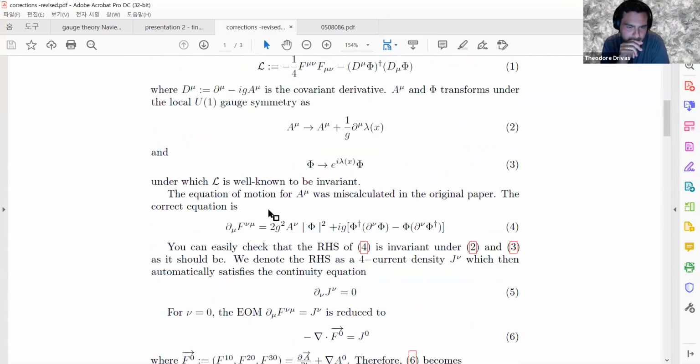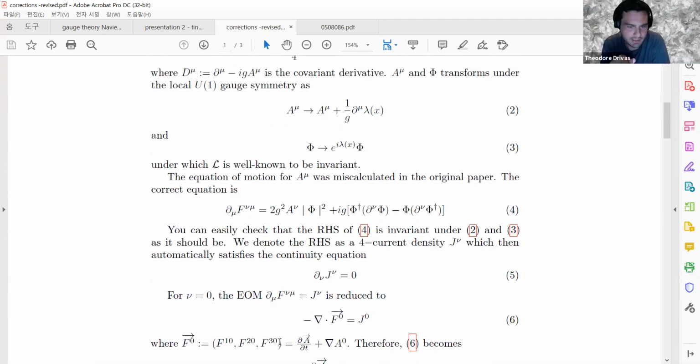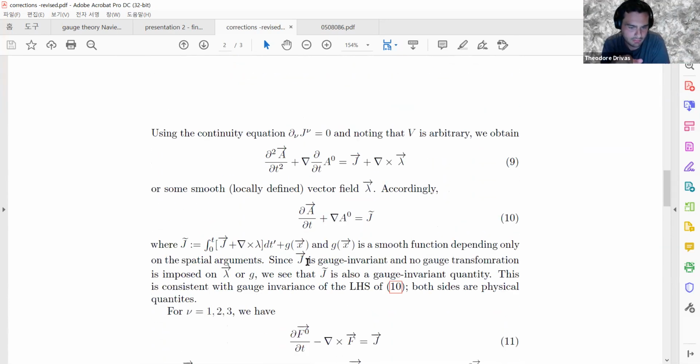Or what is it? You mean this one? No, in that equation 10, you had a partial t. It's the first. Oh, so that gradient is supposed to be, if I were to write that in vector calculus notation, would it be A vector dot gradient A0?